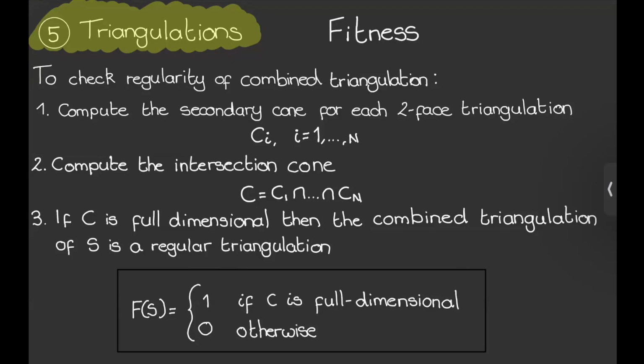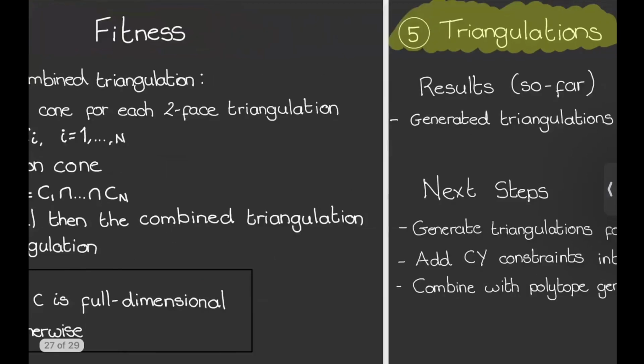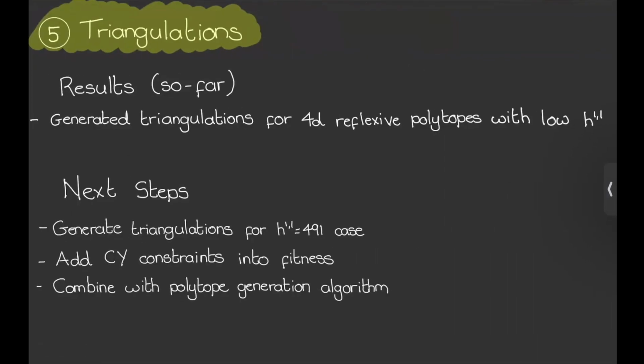So this is how we define our fitness function: if our intersection cone is full dimensional, we give it a fitness score of 1, and otherwise we give it a 0 fitness score. So that's all of the necessary parts.